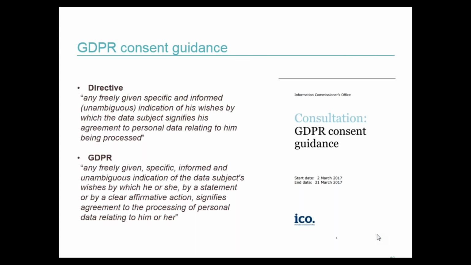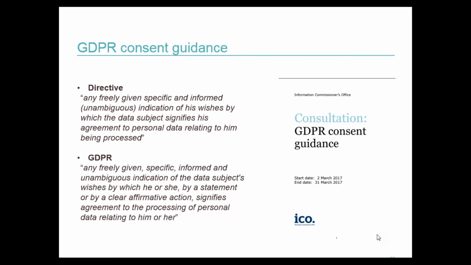So that will be the affirmative action necessary in order to make the consent valid. So the GDPR does not specifically ban opt-out boxes, and indeed these may be still relevant in the e-privacy world. For example, in the case of marketing to existing customers where an opt-out has to be provided.